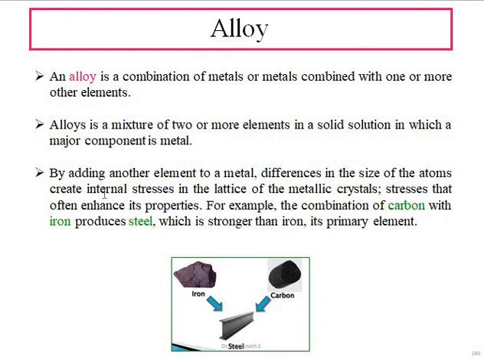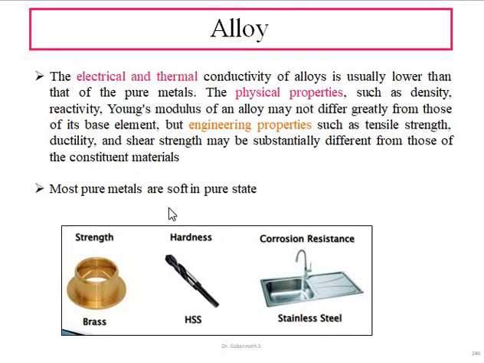So such internal stresses will be developed within the lattice structure, and these stresses are often responsible for the enhancement of the properties. This is a very important sentence. You need to keep this in mind, write it down, and understand the concept. This is how an alloy differs from pure metals.